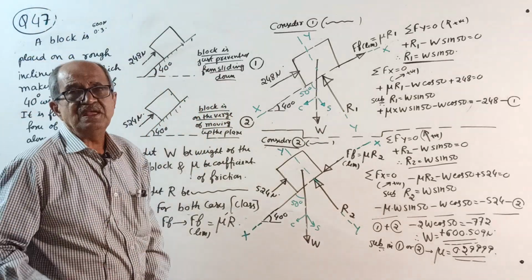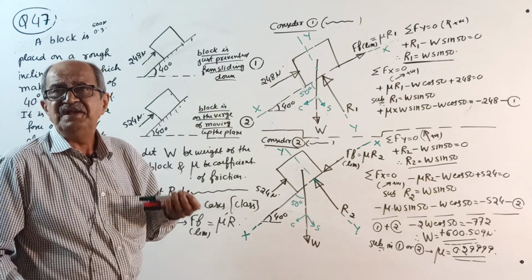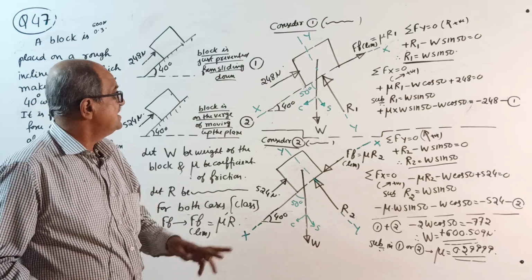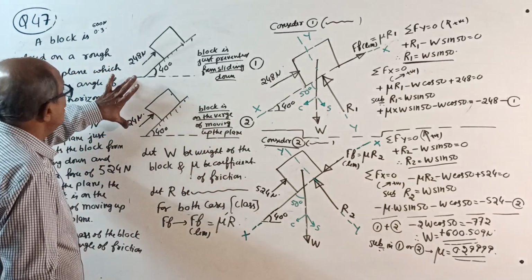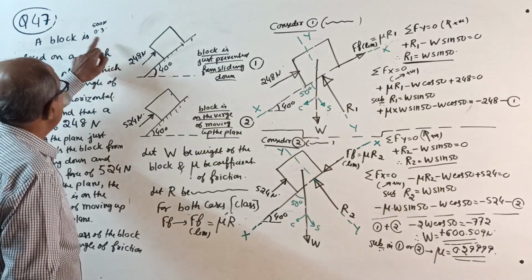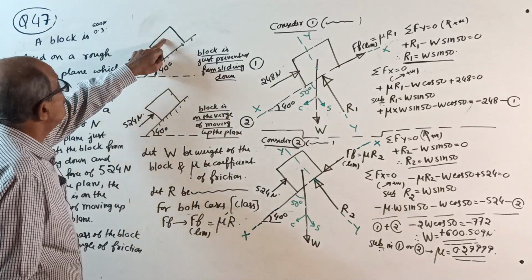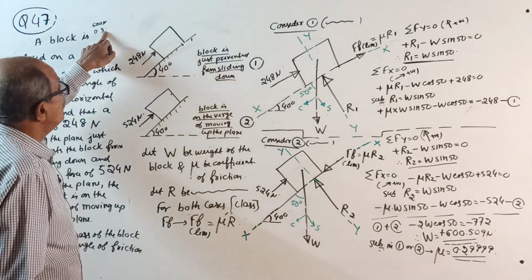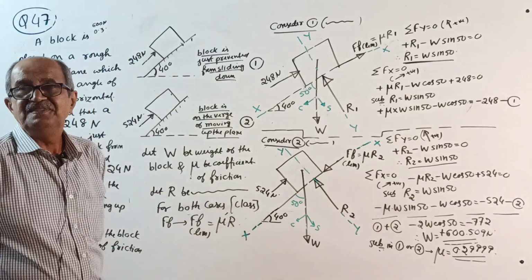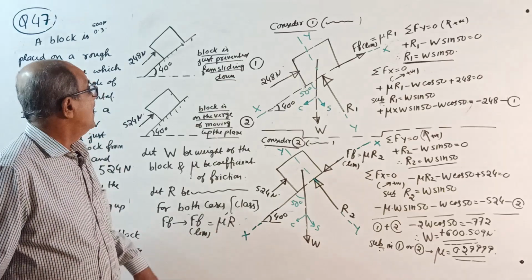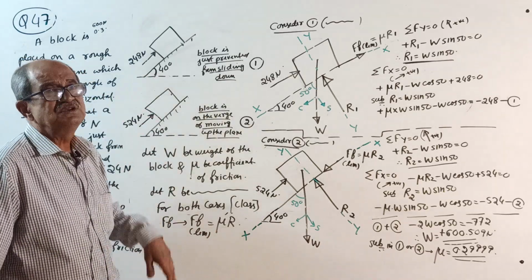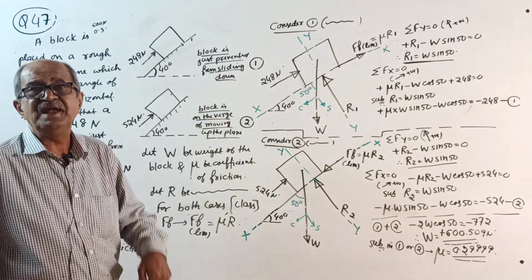I will tell you something. What I did was, when I set the question, I first took the weight of the block as 600 Newton and mu equal to 0.3. Then with that data, I found at what force it is just prevented from sliding.